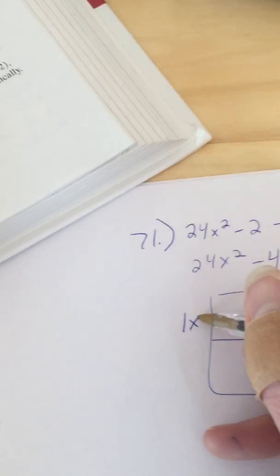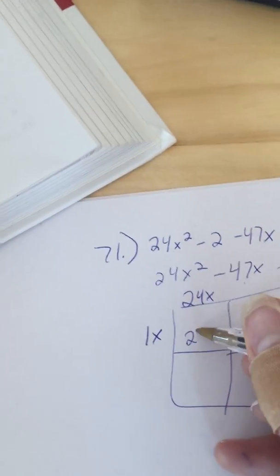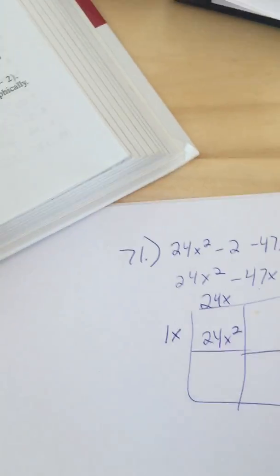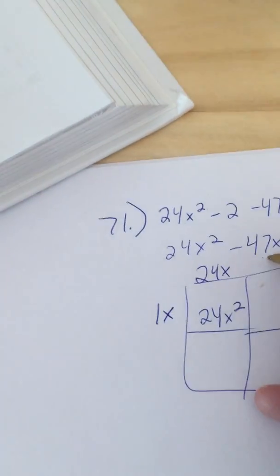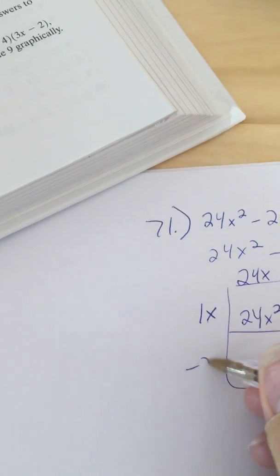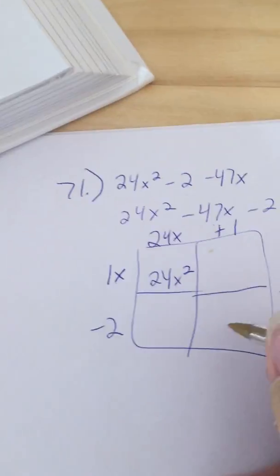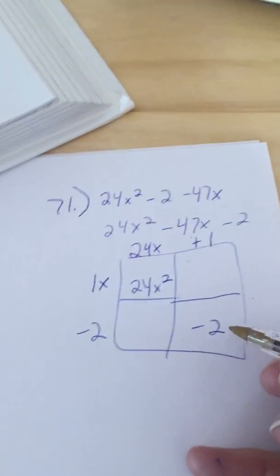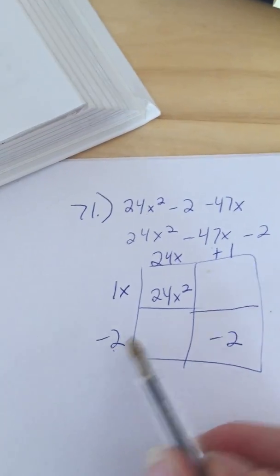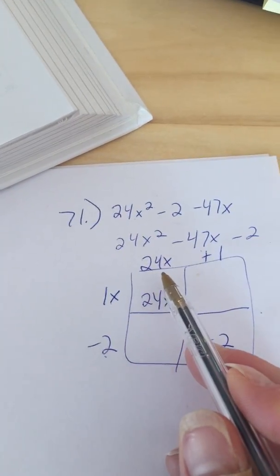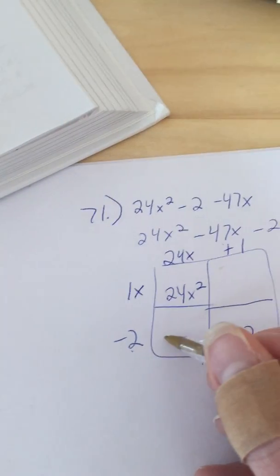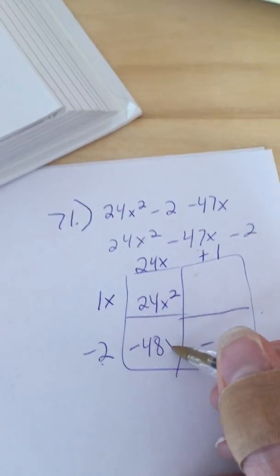So 1x was here. And this was 24x, which would give you 24x squared here. And then over here I had a positive 1, and over here I have the negative 2. So a positive 1 times a negative 2 is going to give me the negative 2 here. Now I have this negative 2 times this 24x, and that is going to be negative 48x.